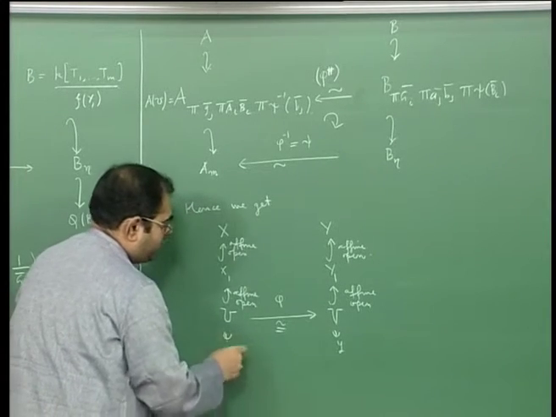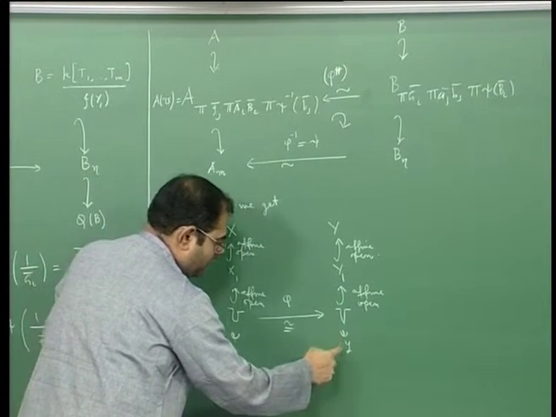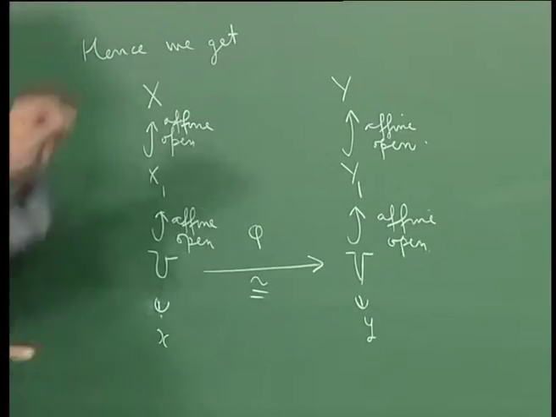and then this isomorphism will take the point small x to the point small y, so it will induce an isomorphism of the local ring of y with the local ring of x, and that is exactly this.